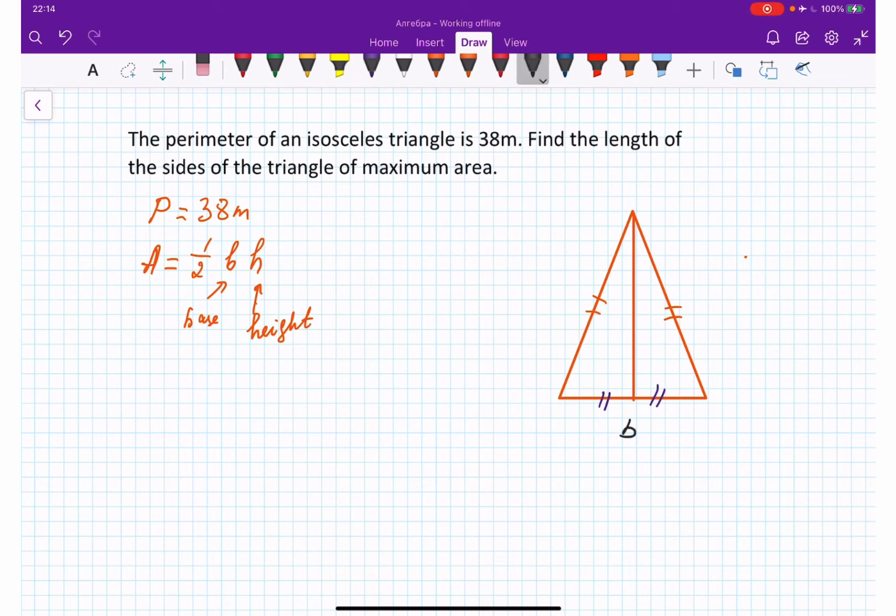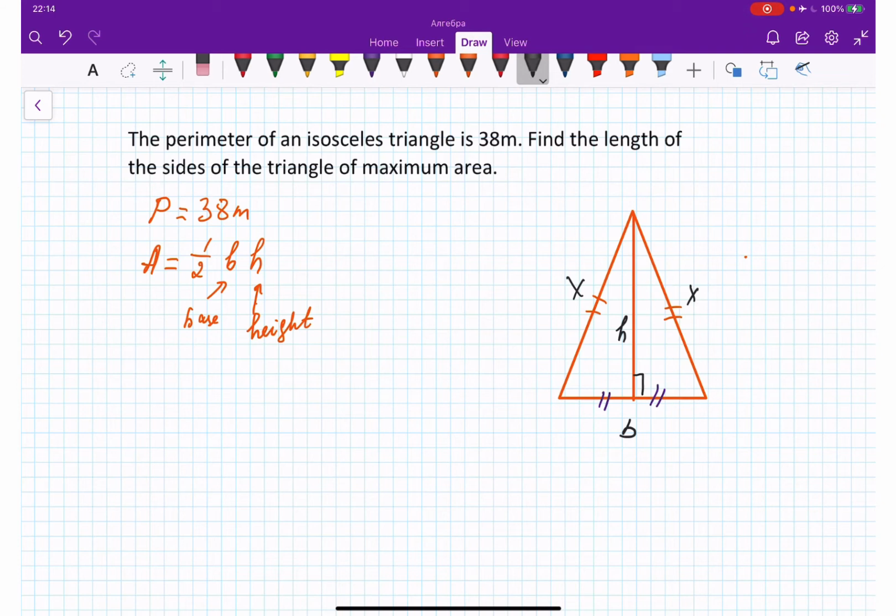And this is our H, right? It's a height. And obviously the height will create a triangle with a right angle. And here we can mark those equal sides, which we call X, right?